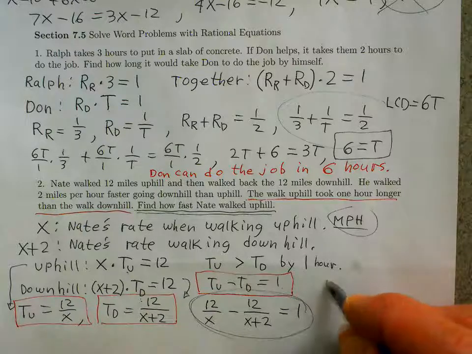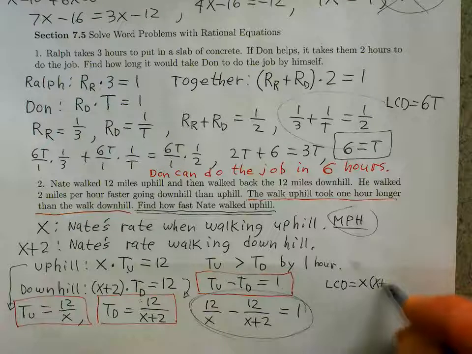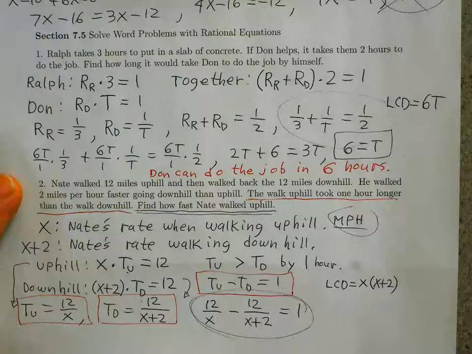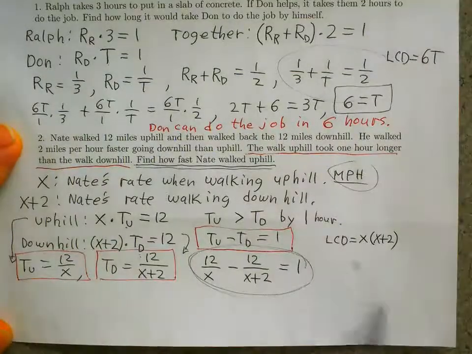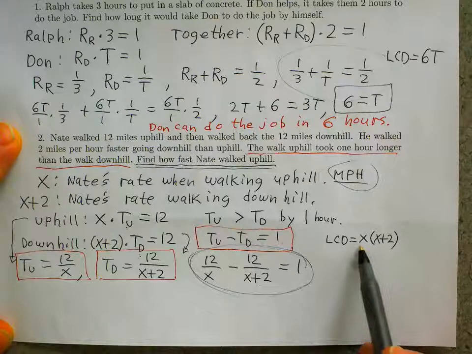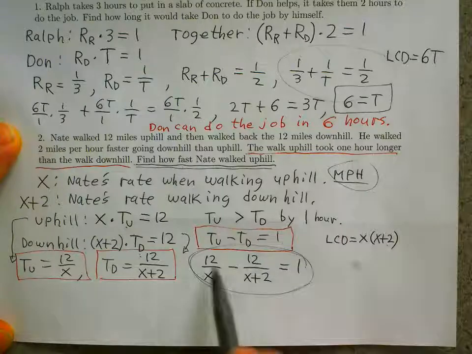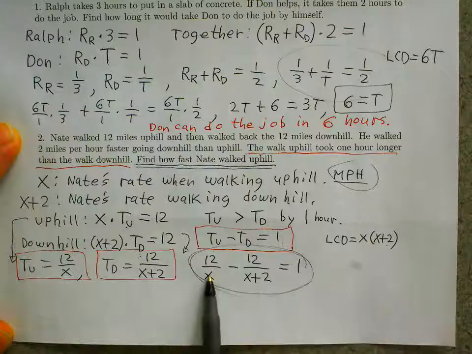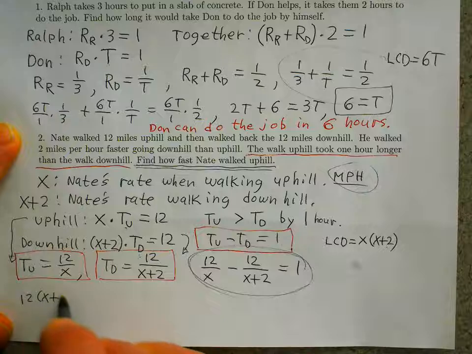The least common denominator is x times the binomial x plus 2. When we multiply x times x plus 2 times 12 over x, the x's are going to cancel, and we'll just be left with 12 times x plus 2.